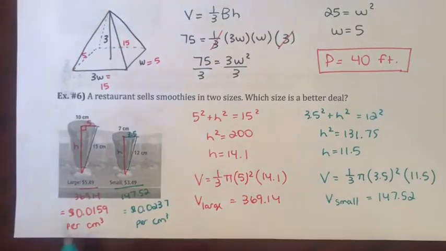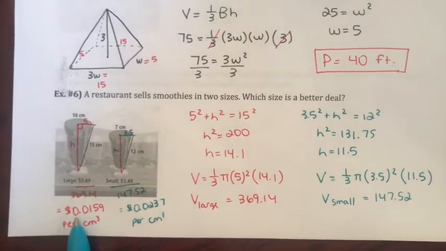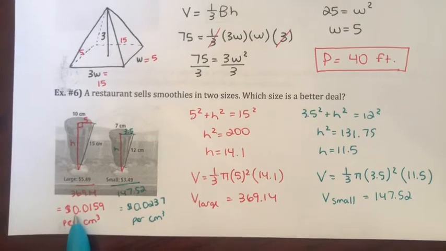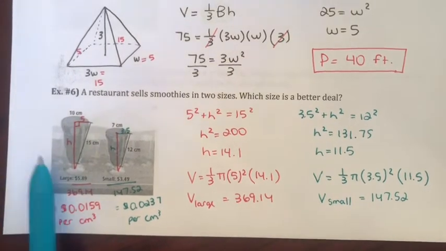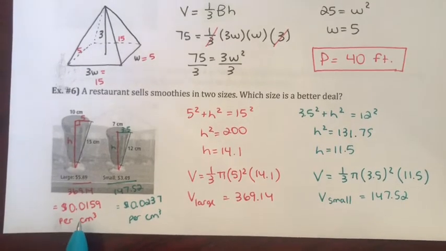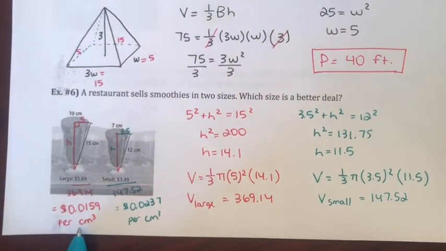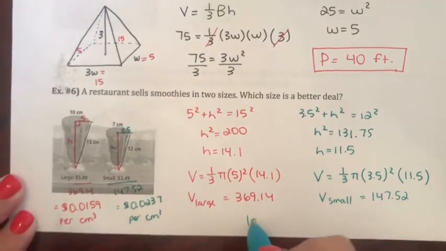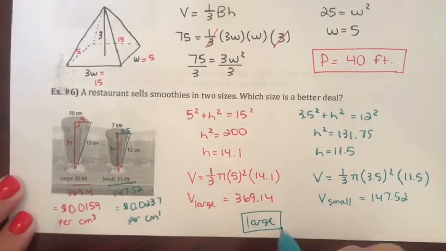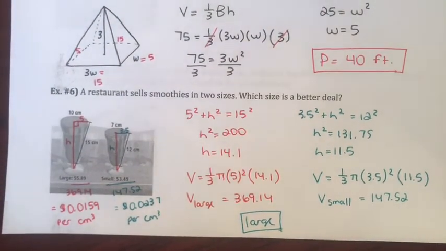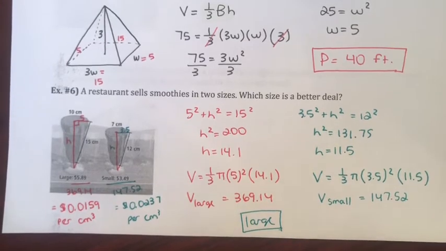So if we're looking to see which is the better deal, the large definitely costs less for the same amount of smoothie. Now, they're giving you more smoothie and obviously they're charging you more, but each individual cubic centimeter is going to cost less. Okay, so we're going to go with the large in this case. Most of the time for a problem like this, I probably would just have you find the volume or have it a little more straightforward.